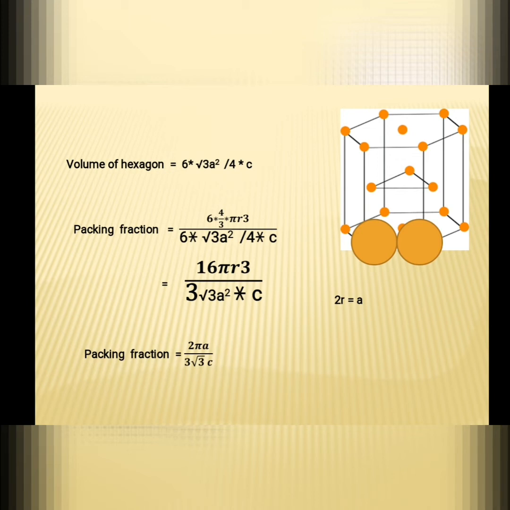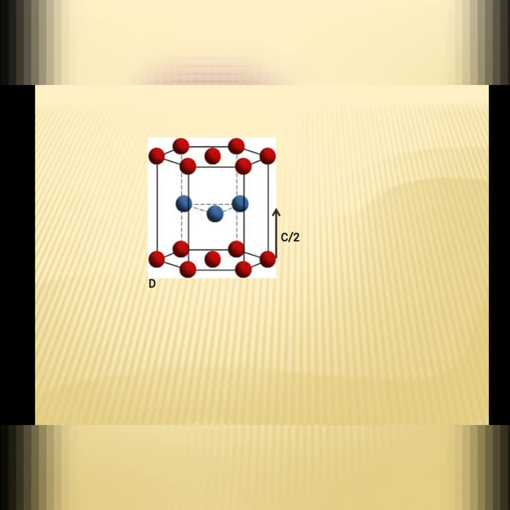It is somewhat difficult. Not difficult for calculation, it is difficult for imagination, as it is a 3-dimensional figure. For calculating the c by a ratio, first of all, we have to consider some atoms. Here we consider 3 red colored atoms in the base and 1 blue colored atom in the center position.